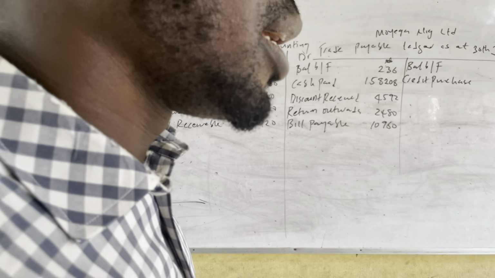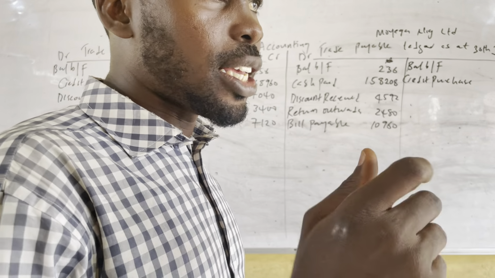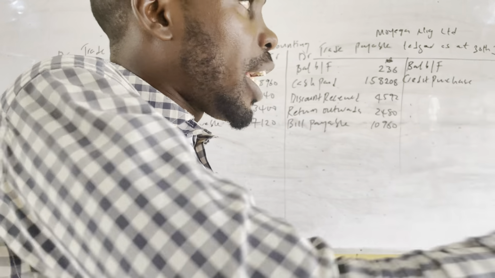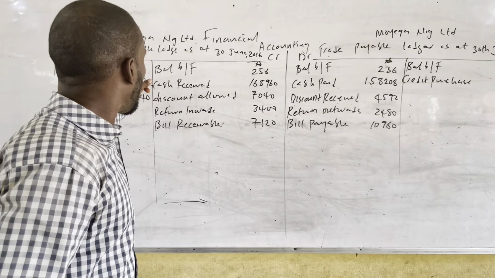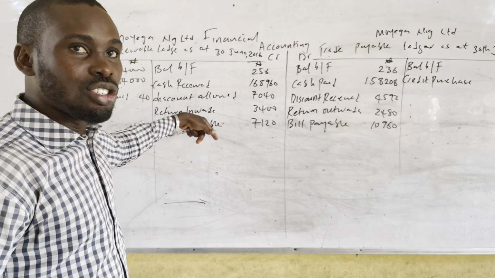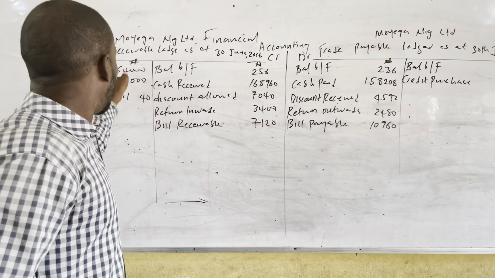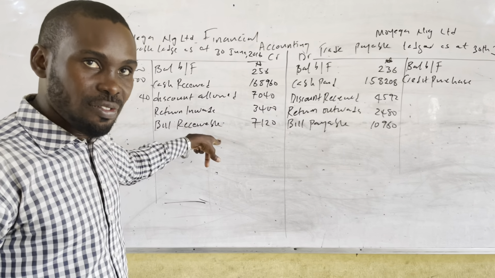See the concept here. When you say bill, it is like a check. Are you there? So the customer gave the business a check about their debt. So automatically what it means is that it's reducing the customer's liability to the business. So the debt balance would have reduced. That is bill receivable.